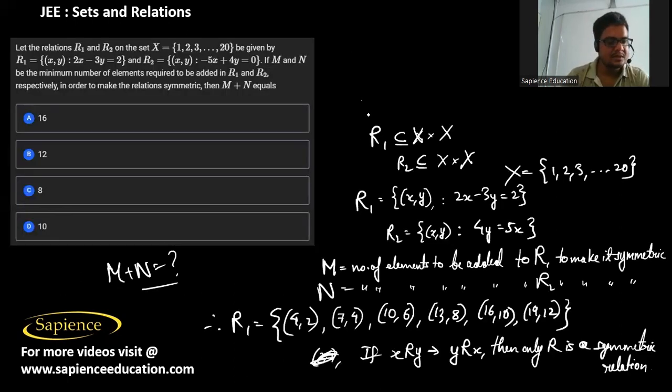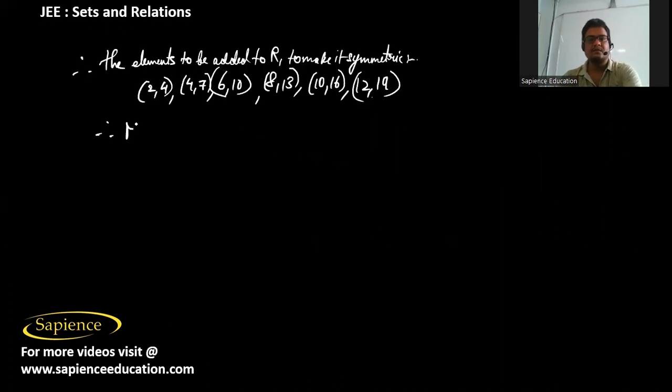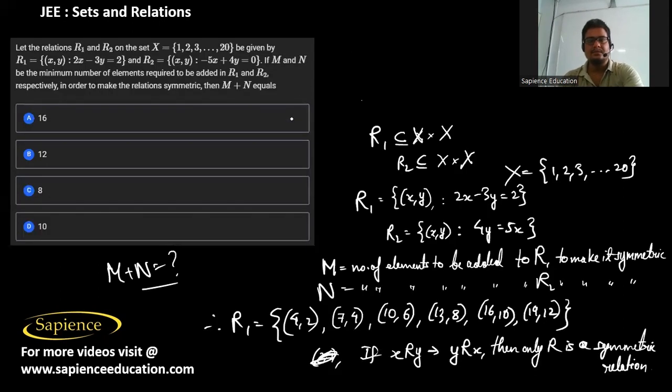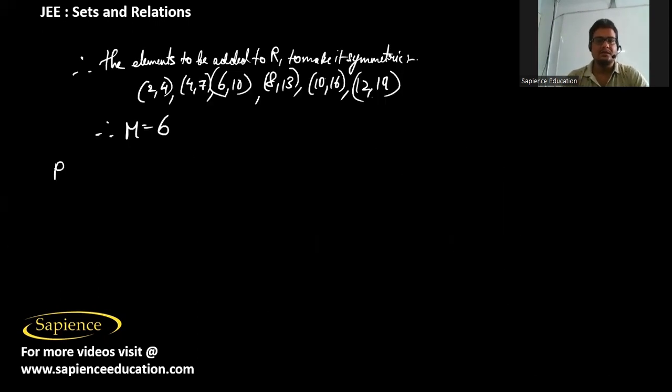So it means that m will be equal to 6, since 6 elements we have to add to the relation R1 to make it symmetric. Now, we have to find the relation R2.